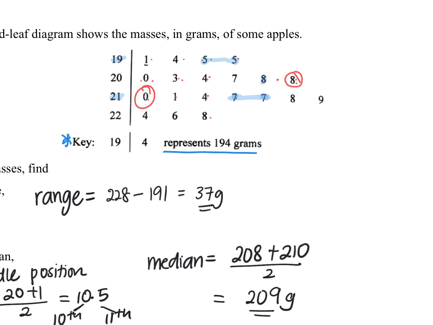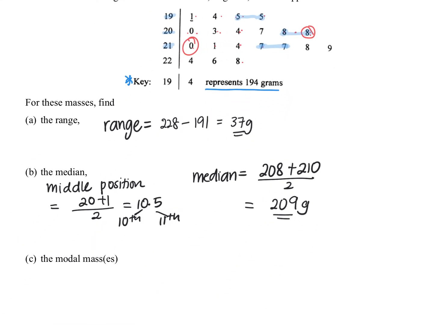I also have 208 repeating itself 2 times. So in this case, we will have 3 different modal masses: 195 grams, 208 grams, and 217 grams. There will not be only one mode, there will be more than one of equal frequency, so we need to write all 3 of them.